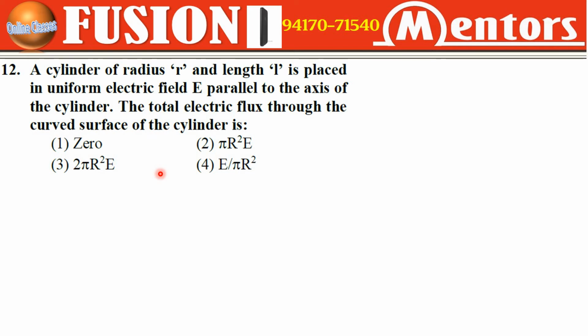Okay, next question. A cylinder of radius r and length L is placed in a uniform electric field E parallel to the axis of the cylinder. The total electric flux through the curved surface of the cylinder is. The electric field is parallel to the axis of the cylinder. This is the axis of the cylinder. The electric field is pointing this way.